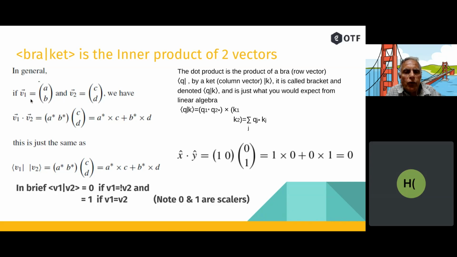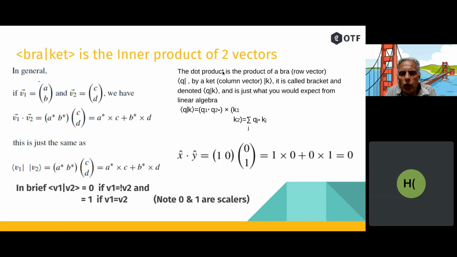Transpose means you are going to flip A and B, and then if A and B are complex, you take the complex conjugate of that and multiply by C D. And then if you do a simple multiplication, we already looked at it, Professor Gokhale presented to you, A into C plus B into D is the result.